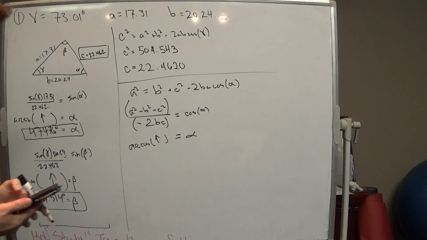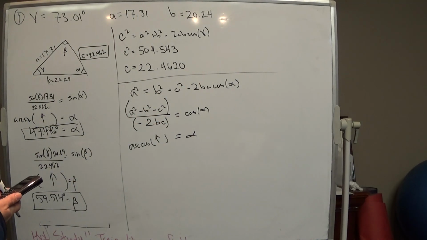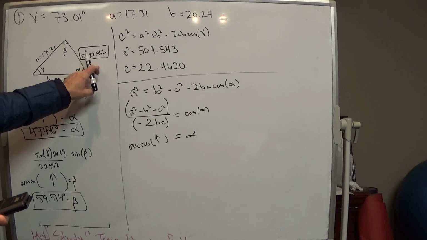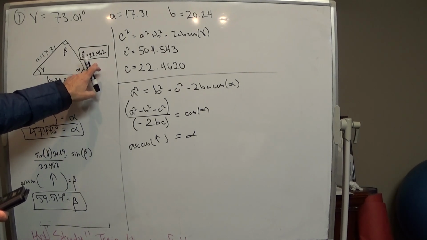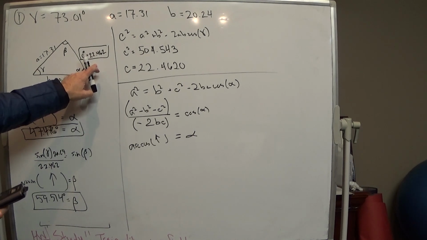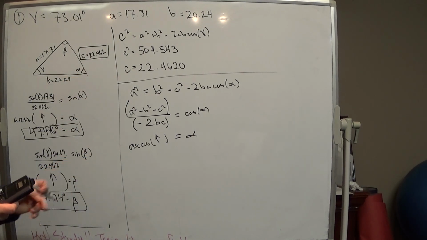I'm going to do this when I plug it in. So I'm going to go parentheses. A squared is 17.31 squared, minus b squared is 20.24 squared, minus c was the one that we got. So I'm going to go up and grab him. He was 22.46. Take it and square it.